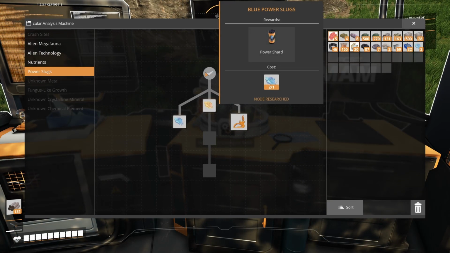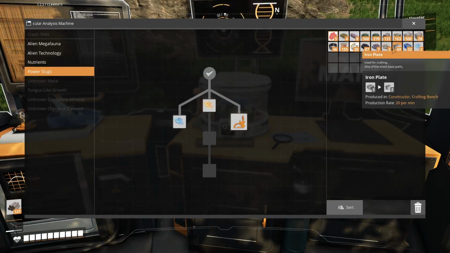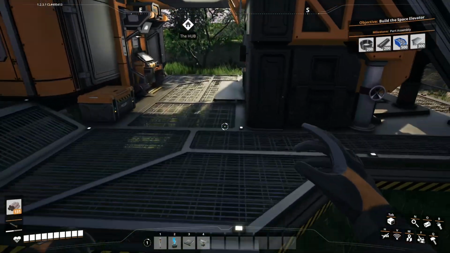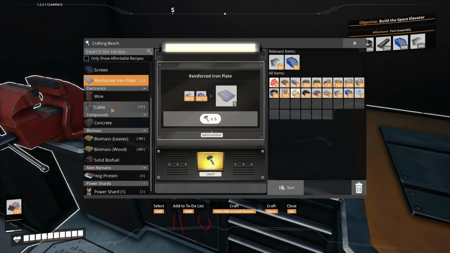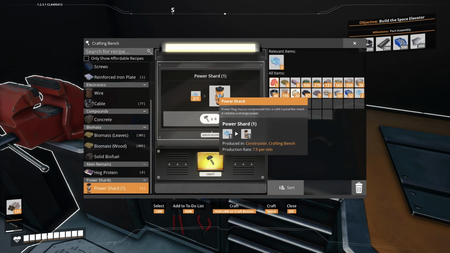Rewards power shard. Is that like a thing I can make? What'd it do though? Constructor crafting bench. Power slug mucus compressed into solid crystal-like shard.